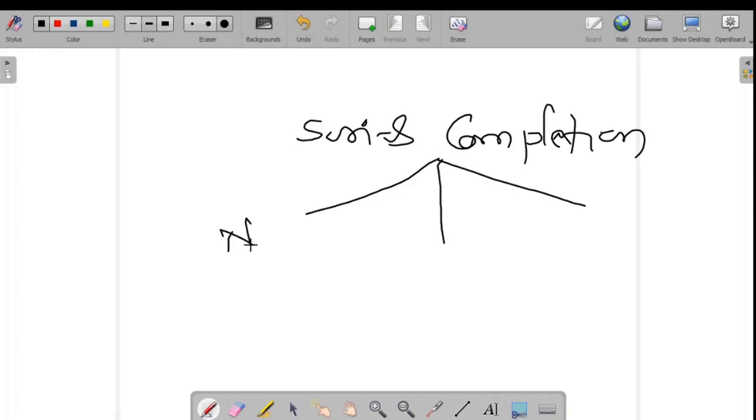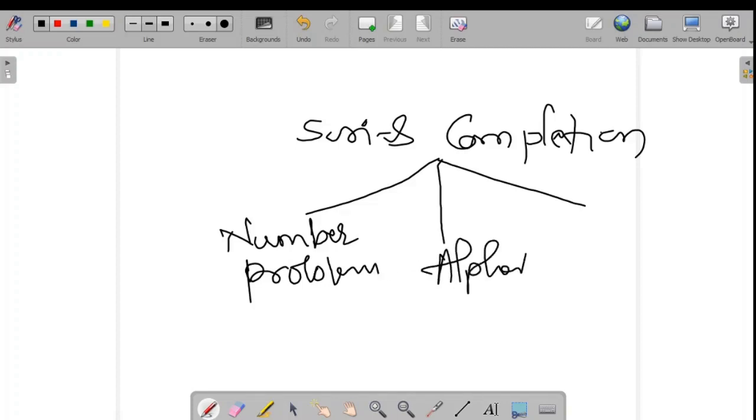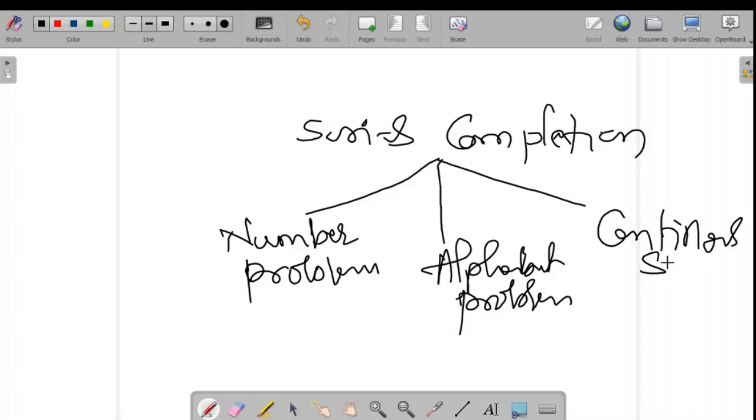One, number series problems, alphabetical problems, and continuous series problems. Number series, like numbers should be like this: 4, 5, question mark, and 41, something like this.